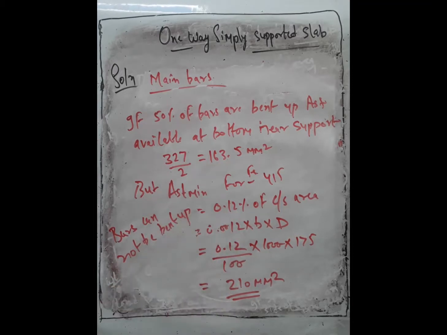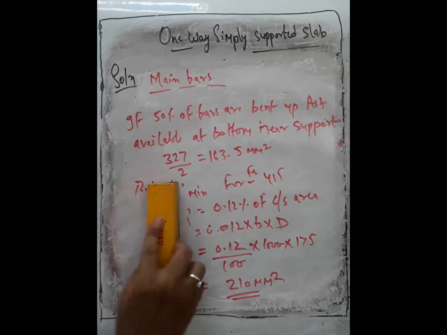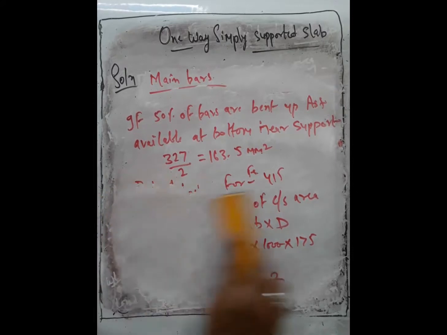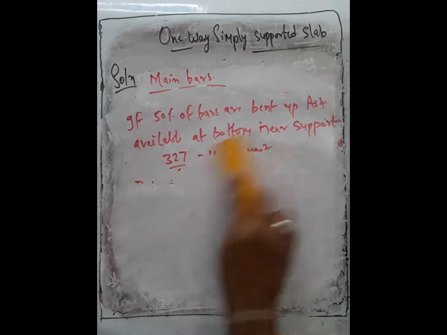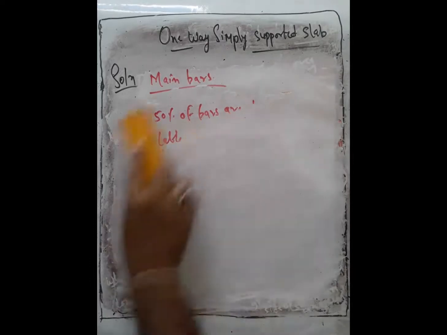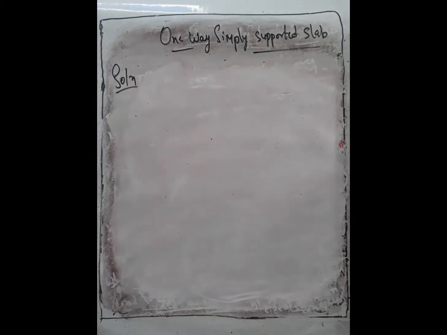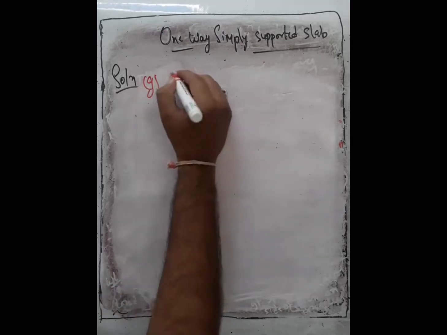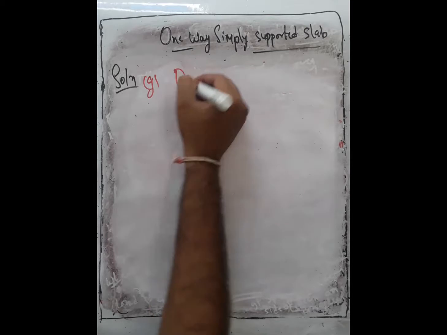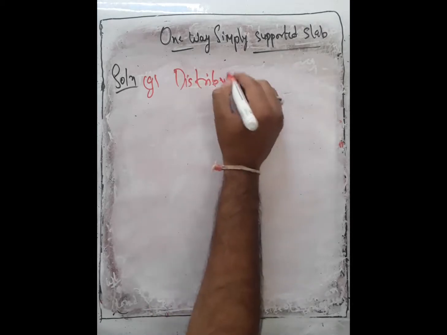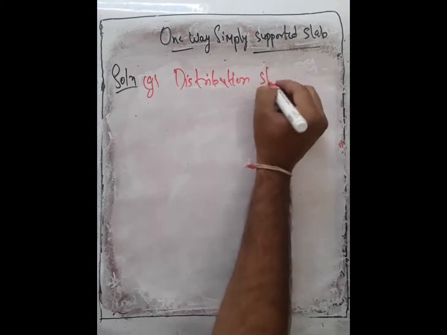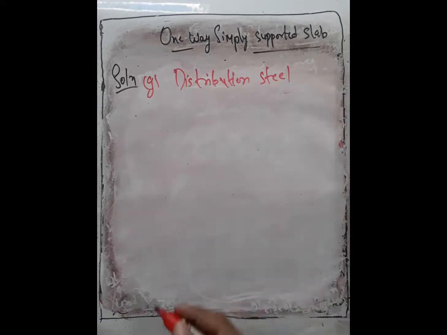Okay, so this is the main bars. Now we have to find the distribution bars or distribution steel. So let's find distribution steel. Distribution steel, step number G. In the same way you have to find the distribution steel, but in this case we do not use that formula.